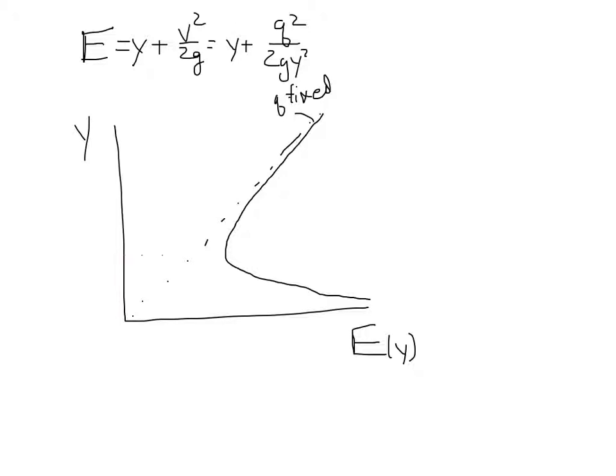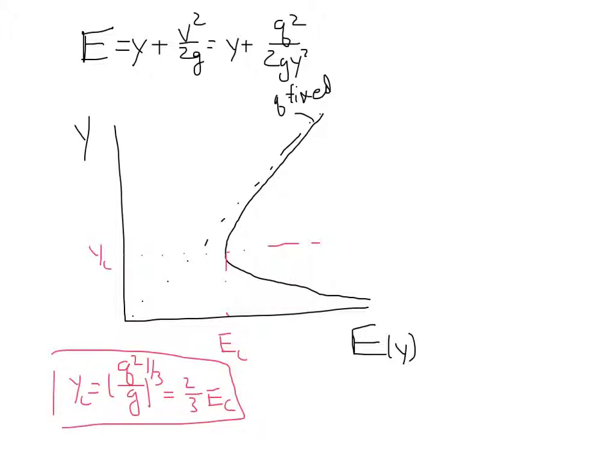As we talked about on Wednesday, we have a critical value here, EC and YC, which is the minimum energy possible to get steady flow. YC is Q squared over G to the 1/3, and that's equal to 2/3 times the critical energy. So that's a basic characteristic of that minimum point.